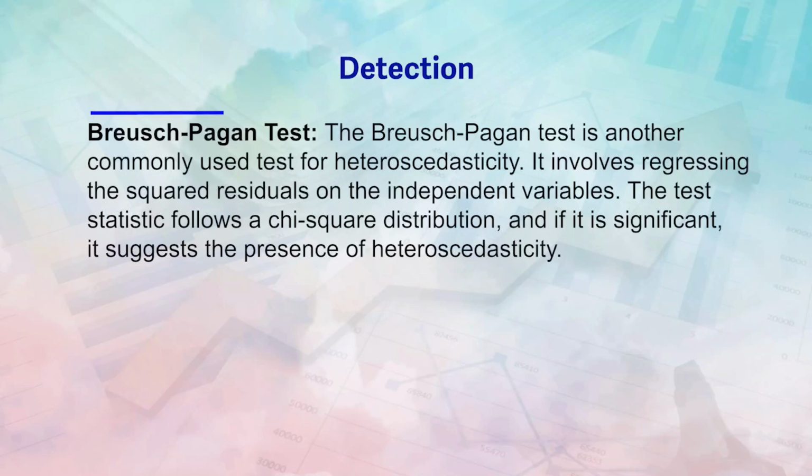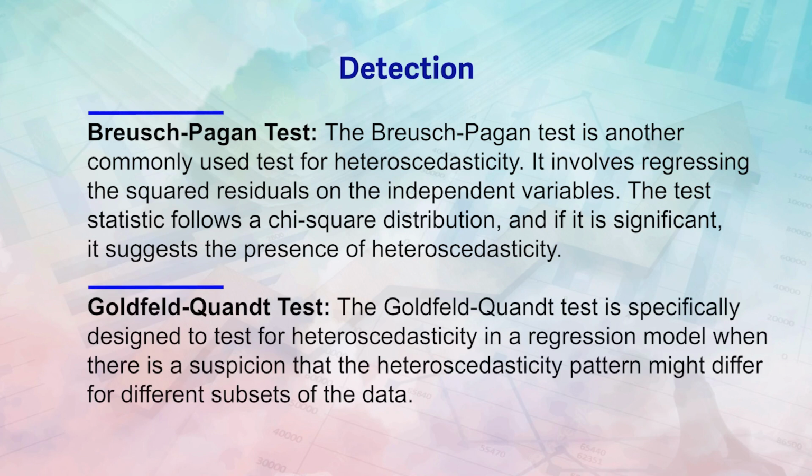So what is being done? It follows a chi-square distribution. It takes the squared residuals on the independent variables and the presence of heteroscedasticity comes in. So this is another important test. And another test which is conducted basically by truncating the data set is called the Goldfeld-Quandt test.